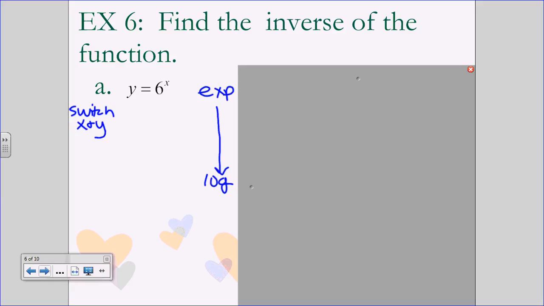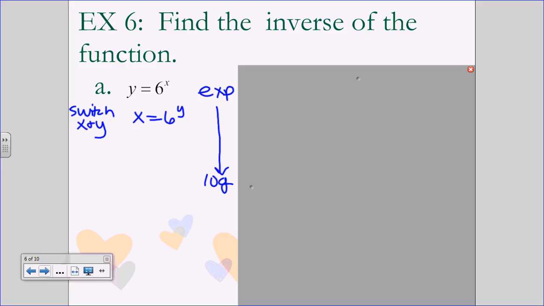So I have x equals 6 to the y. Now I need to get y by itself. That was always the same thing that we've done before. The way I'm going to get y by itself is to think about this as changing the form. When I change form from exponential to a log, they are equivalent. I'm just changing the form to the one that is most useful.